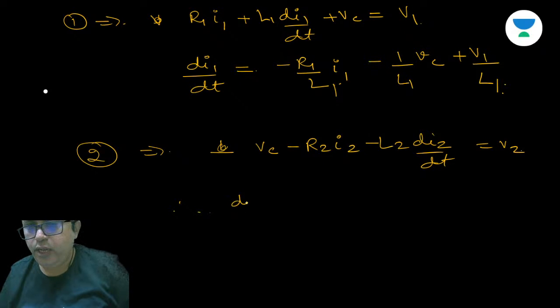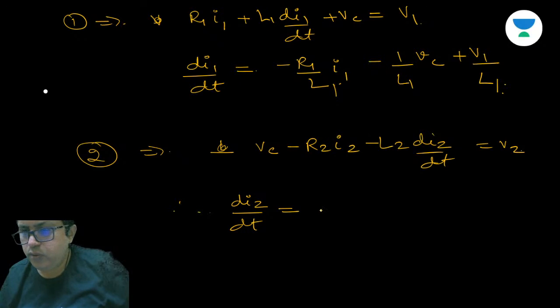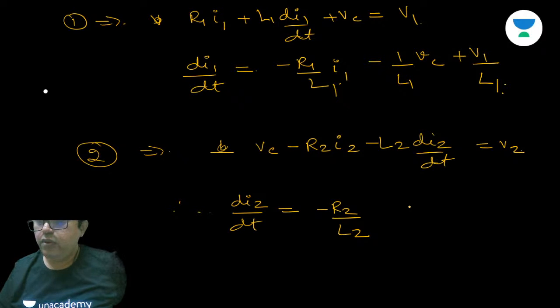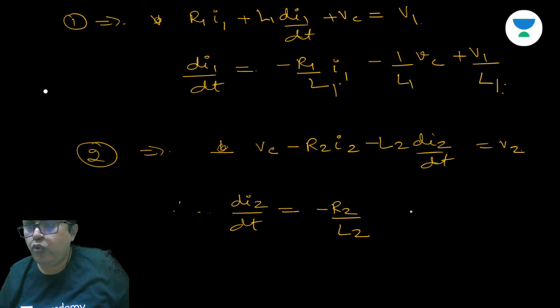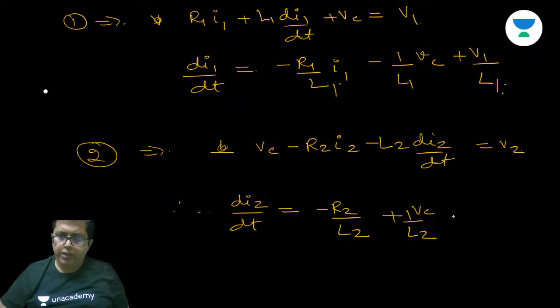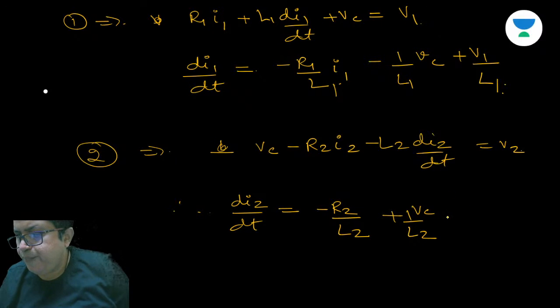Therefore, di2 by dt is equal to minus R2 by L2, minus R2 by L2, this will be plus VC 1 by L2 into VC, minus 1 by L2 into V2.